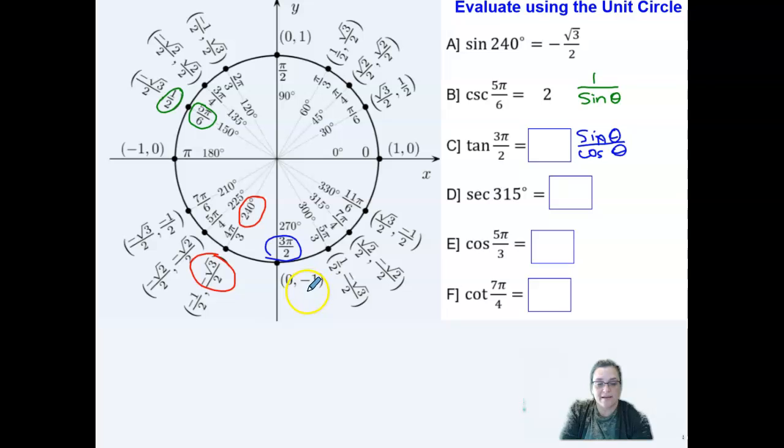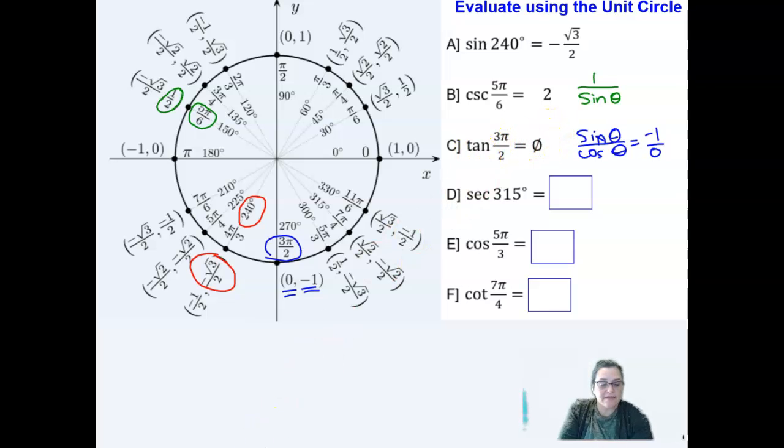The sine is negative 1, and the cosine is 0. Taking negative 1 and dividing it by 0, that result is undefined because you can't divide by 0. So we use this symbol, a circle with a slash through it, to represent an undefined value.